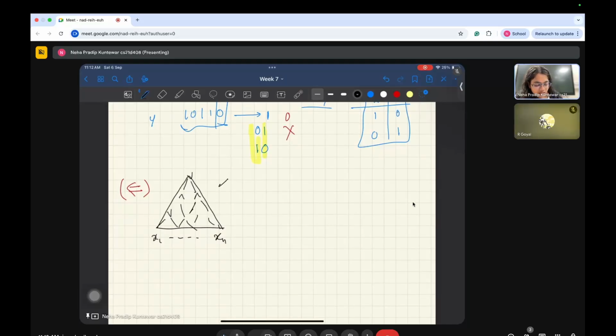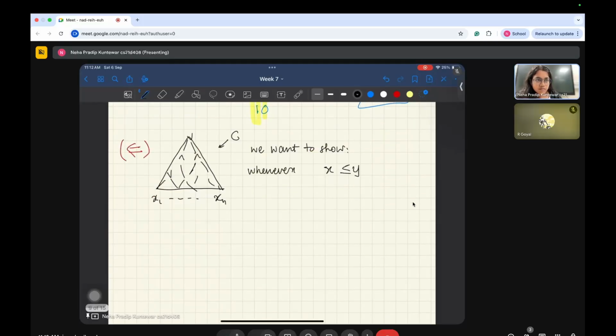So let's say that this is the monotone circuit that we have. It only has AND and OR gates. Now we want to show that whenever x is less than or equal to y, with input x1 to xn, and I'll call it x prime, then f of x is less than or equal to f of x prime.